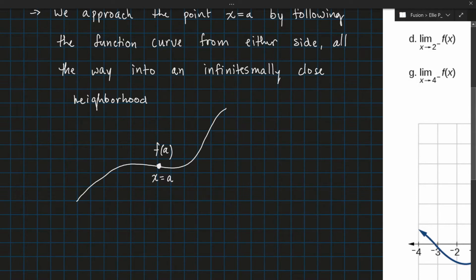So we could just plug in x equals A and we'd get the value. But the method of doing it with a limit means that we're literally just following along the curve on either side.